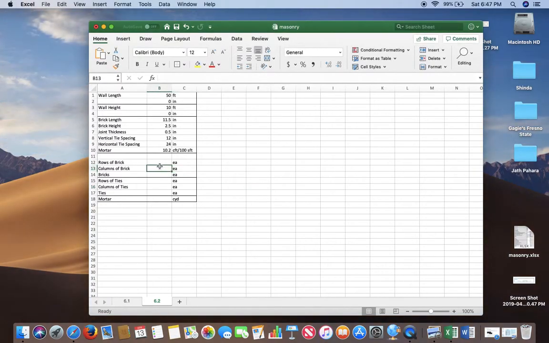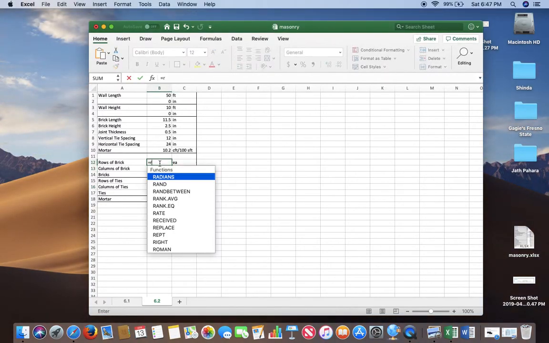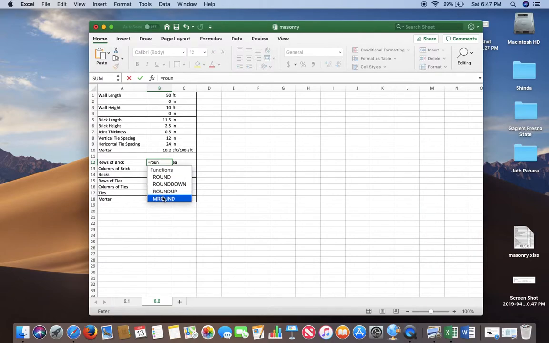So what we'll do is click on the cell right here. We'll type in equal, ROUNDUP. Click ROUNDUP. Drop in our other parentheses.